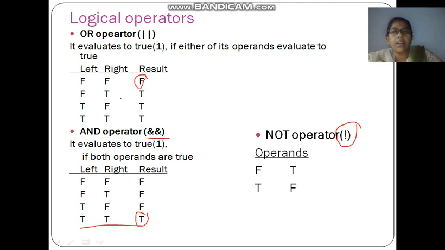So if any value is true, then or gives the true value. If both are not coming, then it is a serious issue. So false or false will give false. Then not is just for changing the result. If it is false, it becomes true, and if it is true, it becomes false.